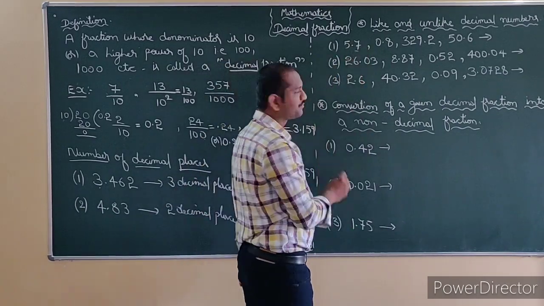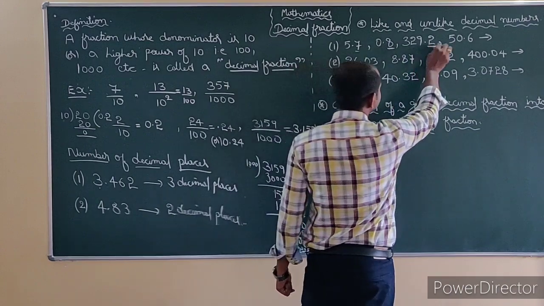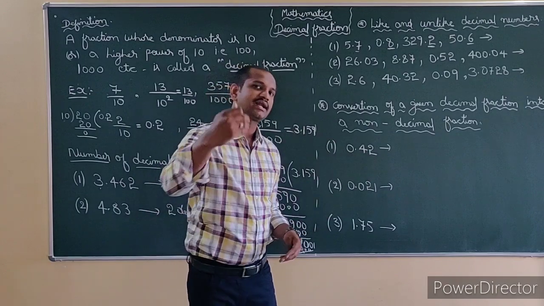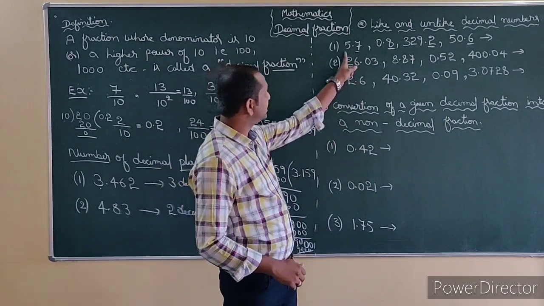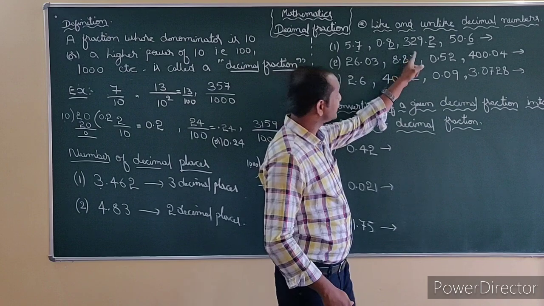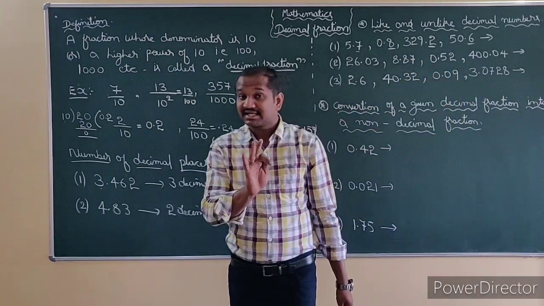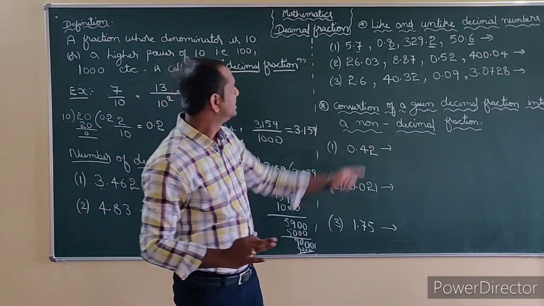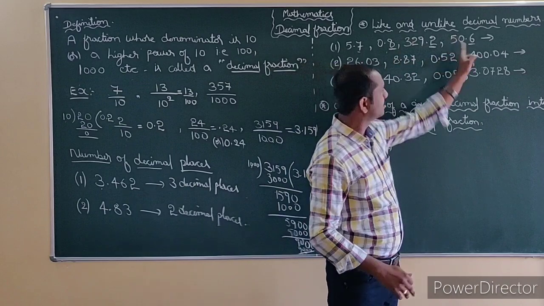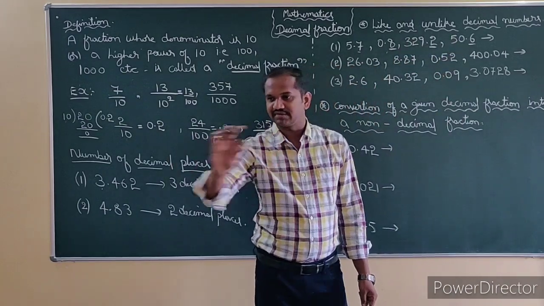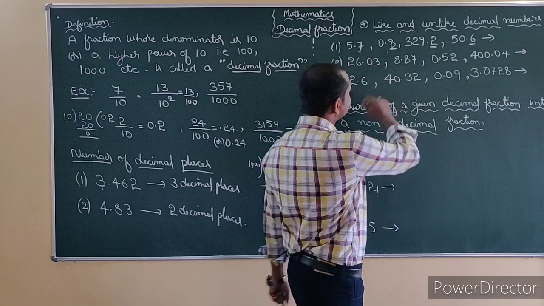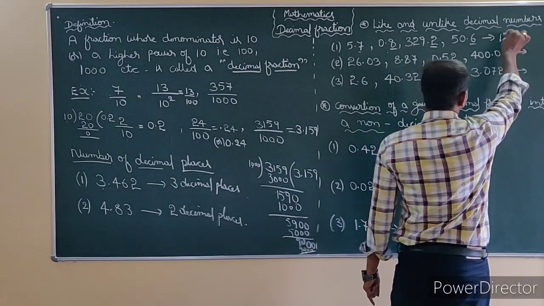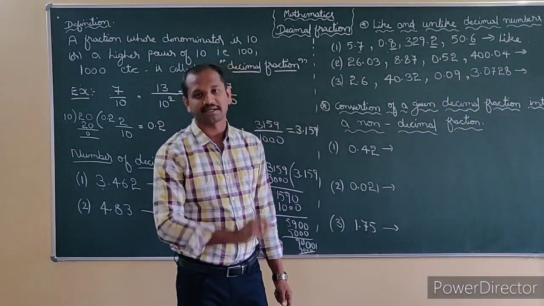Here there is one number, here one, here one, here one. We do not consider the left side, where the counts are 1, 1, 3 and 2. After the decimal point, towards your right side, how many numbers? 1, 1, 1, 1. In the first set we have only one decimal place in all of them. Hence we call it like decimal numbers.